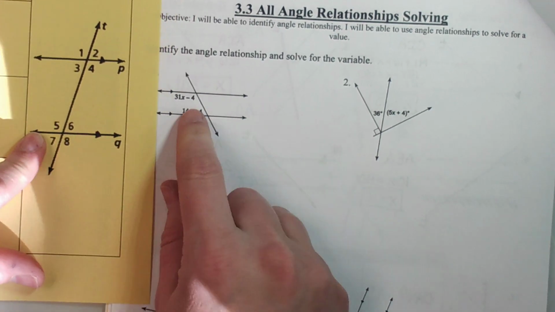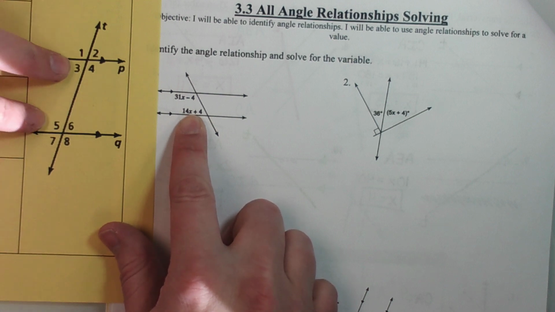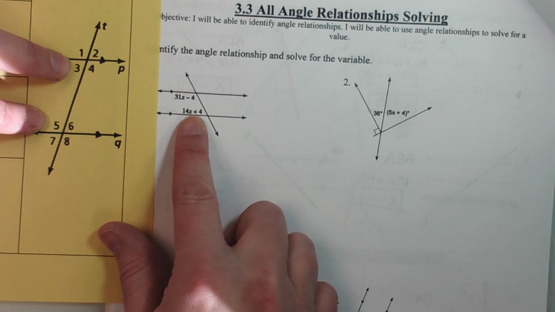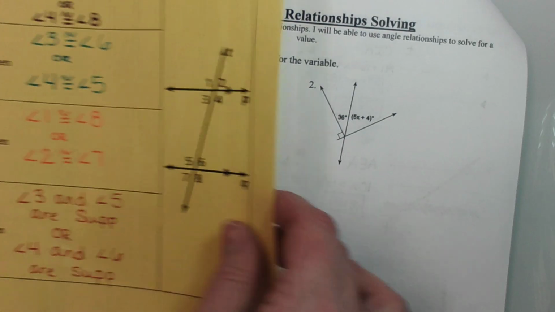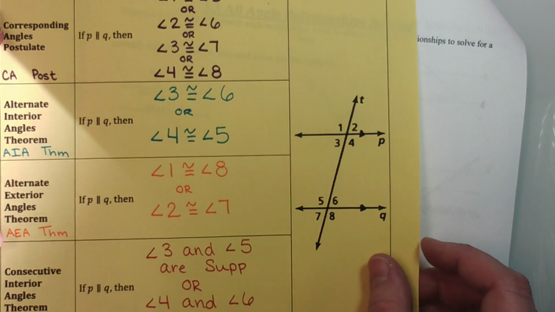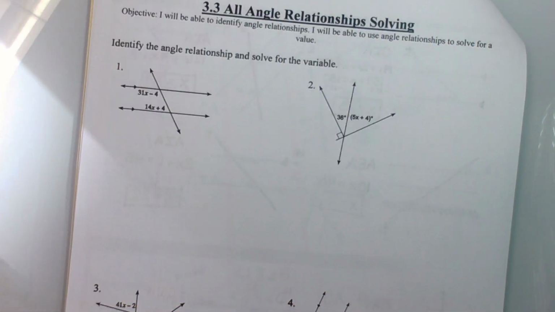Here, that angle and that angle are in the same spot as angles 3 and 5. If I recognize that, that can help me identify which of these pairs has 3 and 5 together: CIA. So if you are struggling with that, use that postulate sheet to help you.